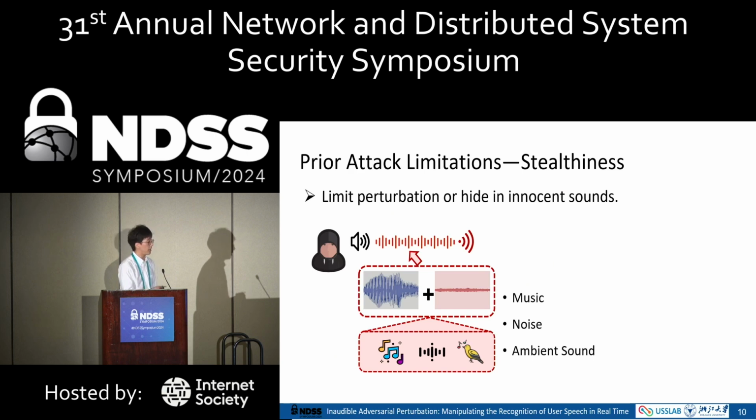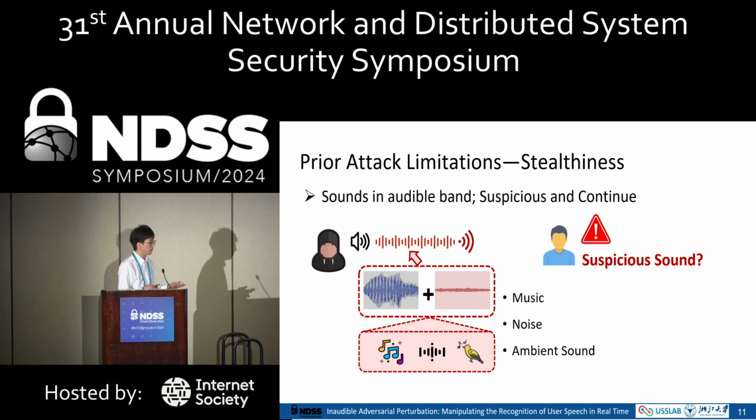Unfortunately, existing AE attacks cannot meet the wish list, although they focus on keeping their adversarial perturbations very small or hiding them in innocent sounds like music, noise, or ambient sound. However, they are still in the user's audible band, and users can notice such suspicious sound.